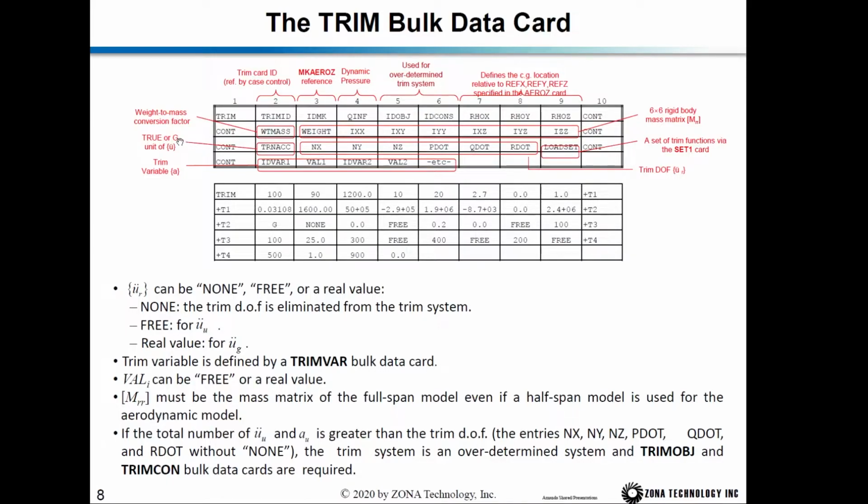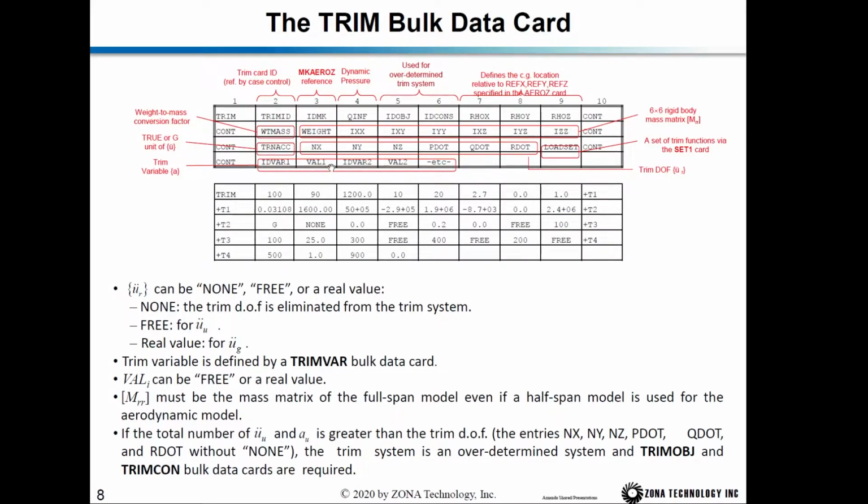The meaning is 4G because the program knows the gravity is 386 inch per second squared, so the 4G will be 4 times 386. So internally it converts the G into the true unit. If it's true, then you put a true unit here. And this is an open-ended card.